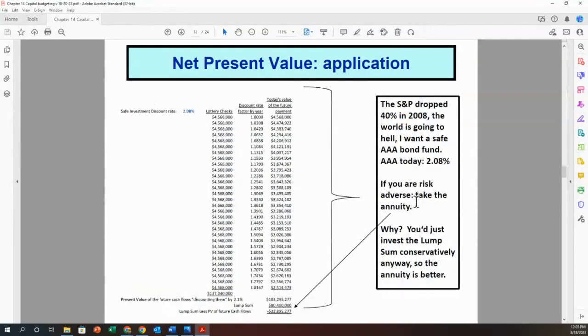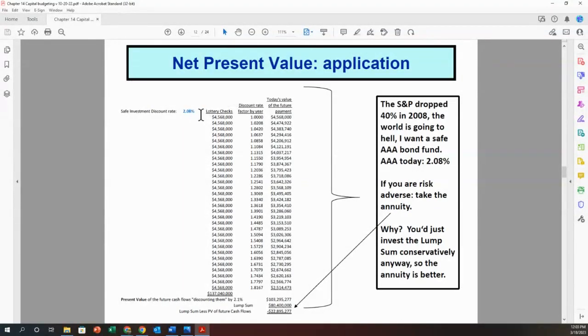Now, let's assume that I'm really risk averse. I don't buy the stock market. Again, this is a couple years old, but just go with me. Let's say I don't buy this. I don't trust banks. It's all a crock of hooey.